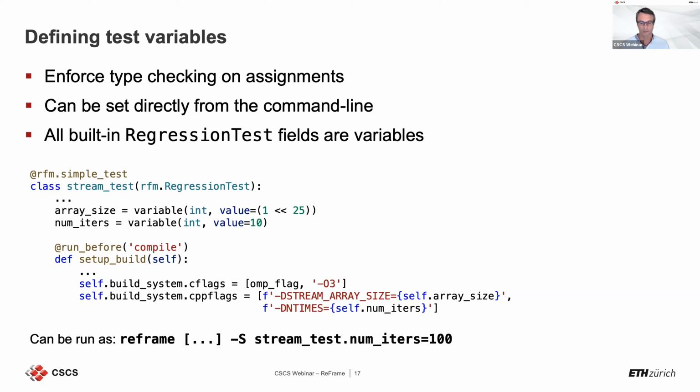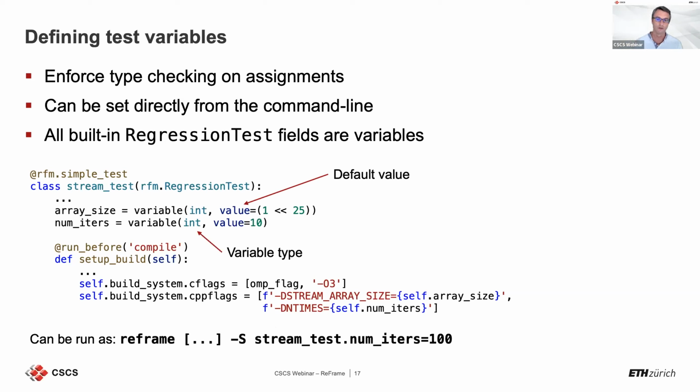So here, for example, we define array size as an integer. If in the test we try to do numiters equals foo as a string, then you will get an error. So you can catch errors in your test. And the other big thing is that you can also assign a default value, like here, but the default value might be left empty, in which case the variable is required.